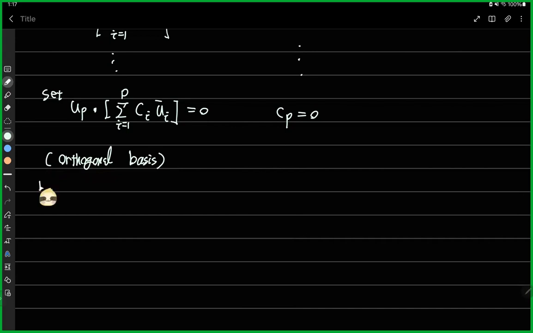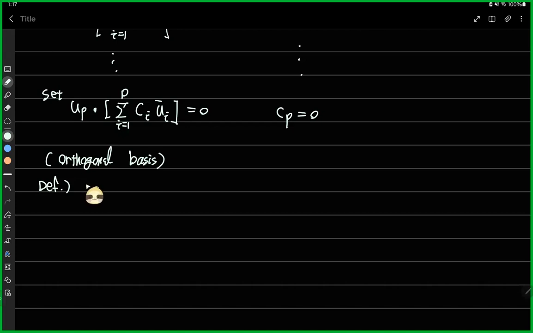Here's the definition. It's simple. An orthogonal basis must first be an orthogonal set. But this orthogonal set must also span the subspace W in Rn.